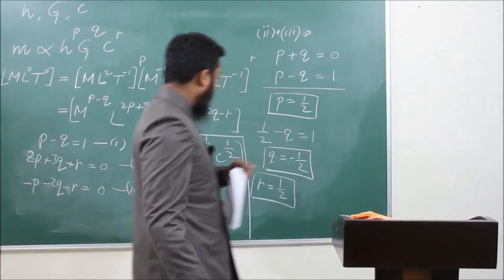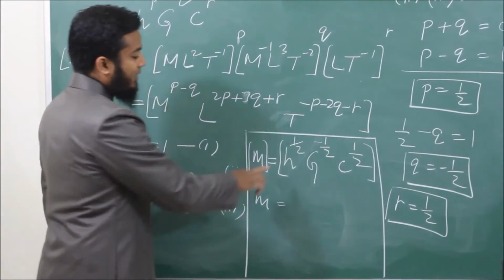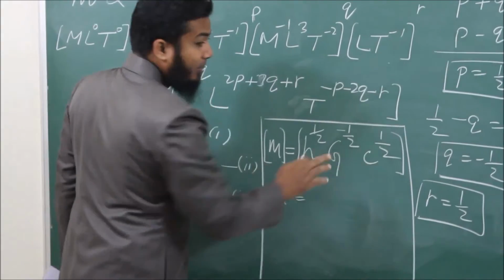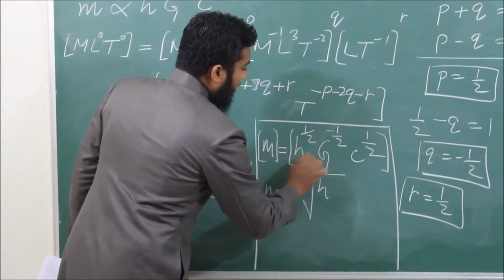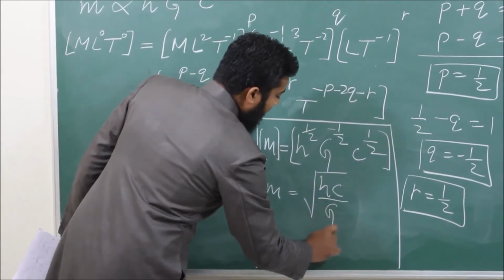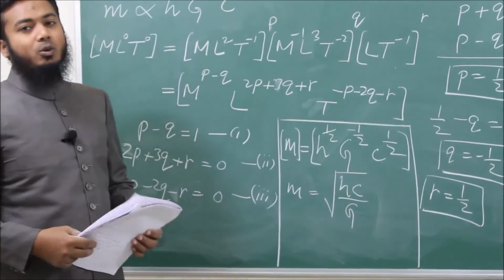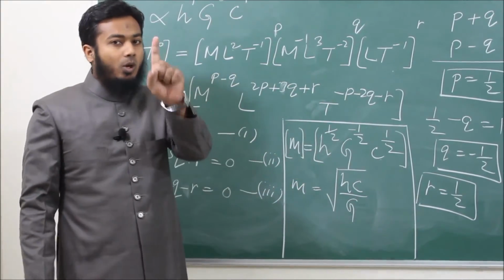Now from here we can find how much 1 unit of mass will be in terms of these chosen base quantities. So I can further write mass: h and c have plus half powers, so I can write it as h into c, and G has minus half power, so it will be in the denominator. So square root of hc over G will be the value of 1 unit mass.